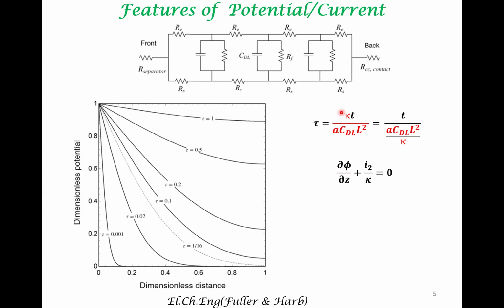If the thickness of the porous electrode is small, it is easy to have potential drop and subsequently current across the porous electrode. If the quantity A, which refers to porosity, that is the surface area per unit volume, is a small quantity, you can have current flowing across the entire porous electrode. Again, if the capacitance of the electrode electrolyte interface is small, you can have current flowing across the entire porous electrode.